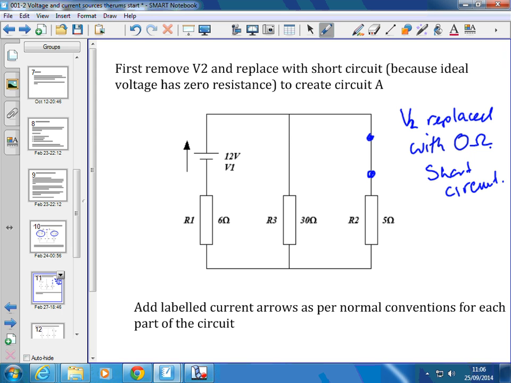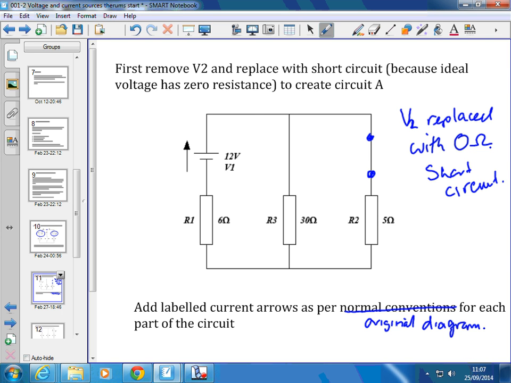Now, what we're going to do is add the current arrows as per, not normal convention. I've changed my thinking there slightly, as the original diagram, and I've changed my notes to suit it.